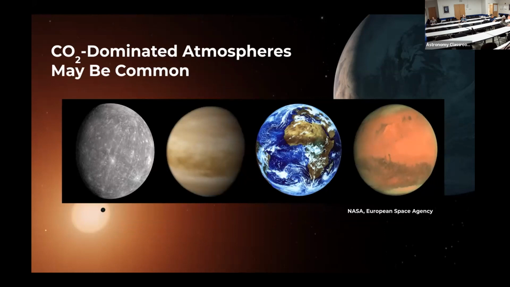These are the planets that we know, and we know about their atmospheres way more than we know anything about exoplanet rocky atmospheres. What we've noticed is that, other than Mercury, which doesn't really have an atmosphere, and Earth, which is complicated, the other two rocky planets do have CO2-dominated atmospheres. So that's what we're really focused on, and we think that might be common in exoplanet systems.